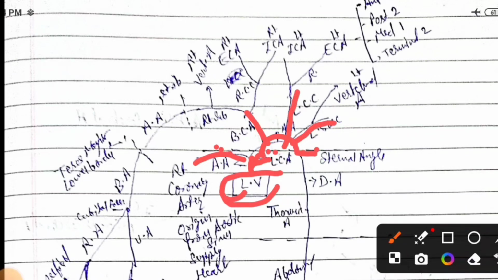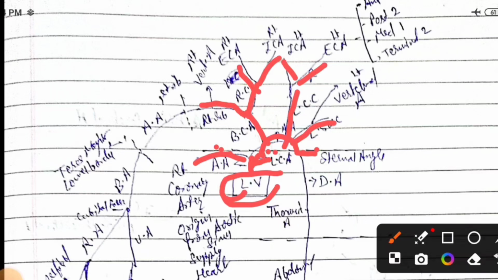From the brachiocephalic artery arise two branches, the right subclavian artery and the right common carotid artery. I hope till here it's clear. From the right and left common carotid arteries, two branches arise each: the external carotid and internal carotid, right and left.